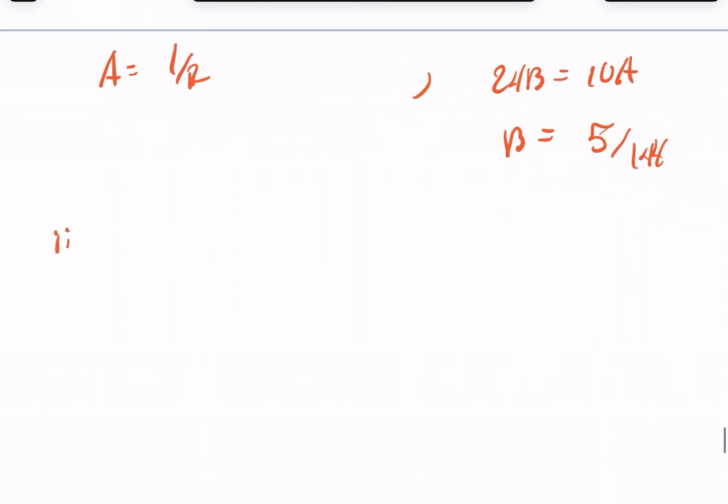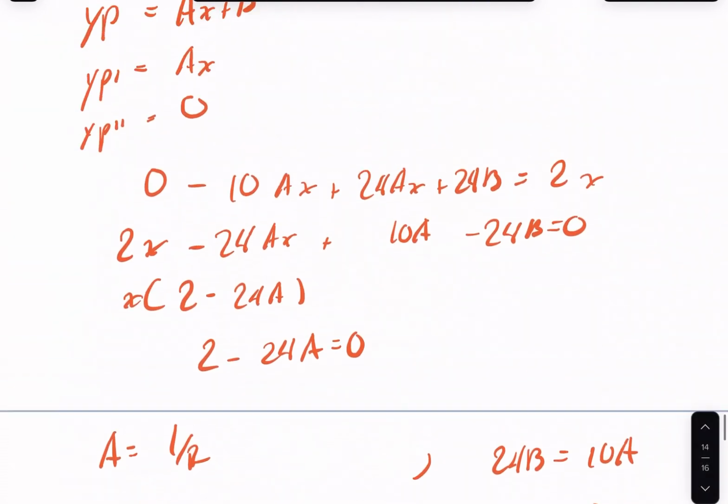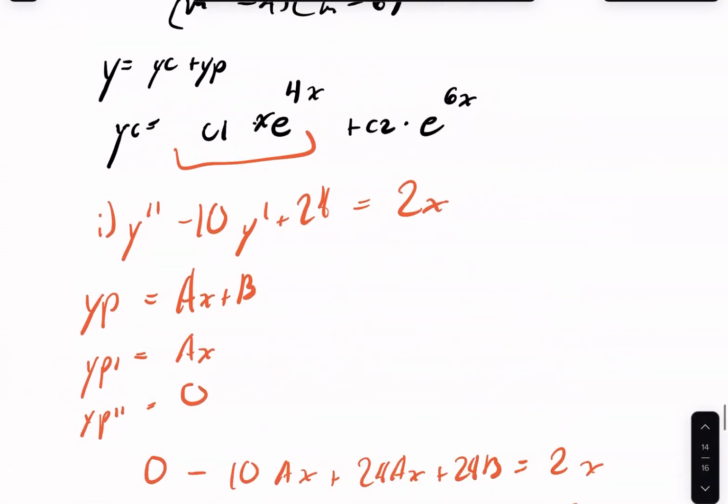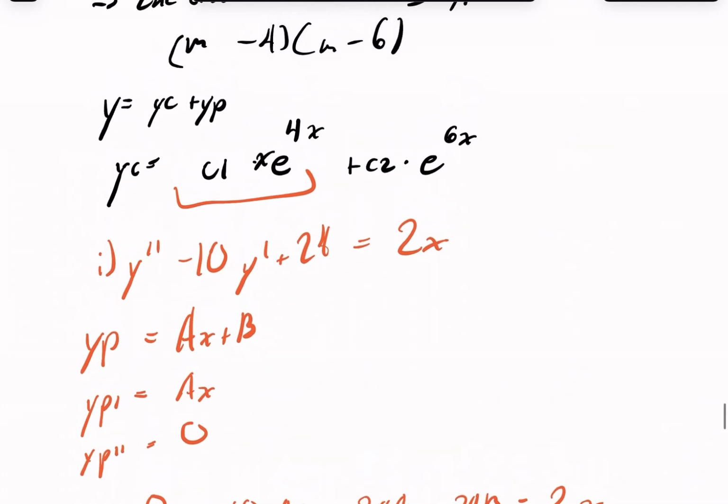Now for my second one, my guess is yp2 equals c times x e to the 4x. I got a chance to finally read through the initial solution to this.